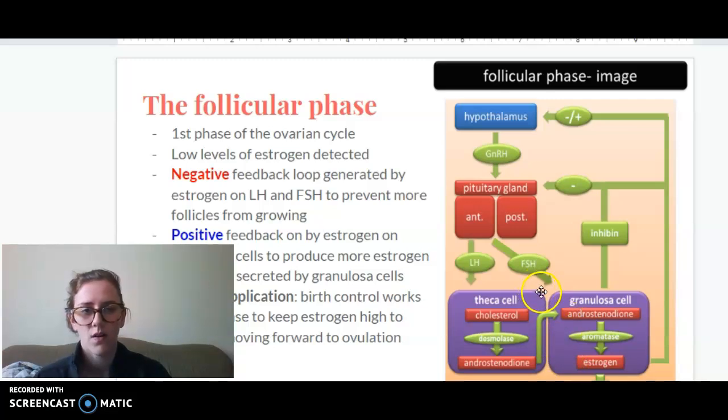Also not noted on this diagram, granulosa cells also produce a hormone called AMH, anti-Müllerian hormone, which also acts to keep too many follicles from maturing at the same time. Just a note here, birth control actually works in this phase to keep estrogen high and prevents ovulation from moving forward, so that's just a clinical application.